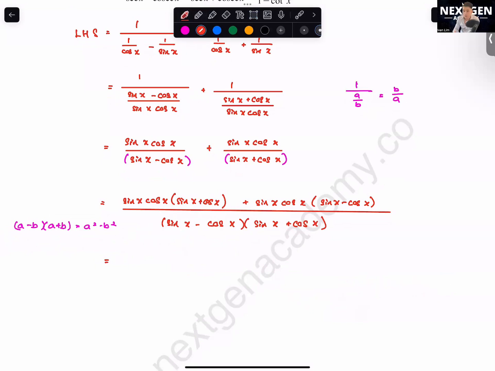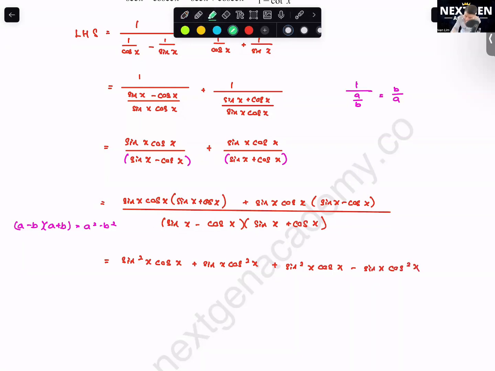Okay, the top part, can I simplify it? Let's see what we can do. So here you get sine square x cos x plus sine x cos square x plus sine square x cos x minus sine x cos square x.